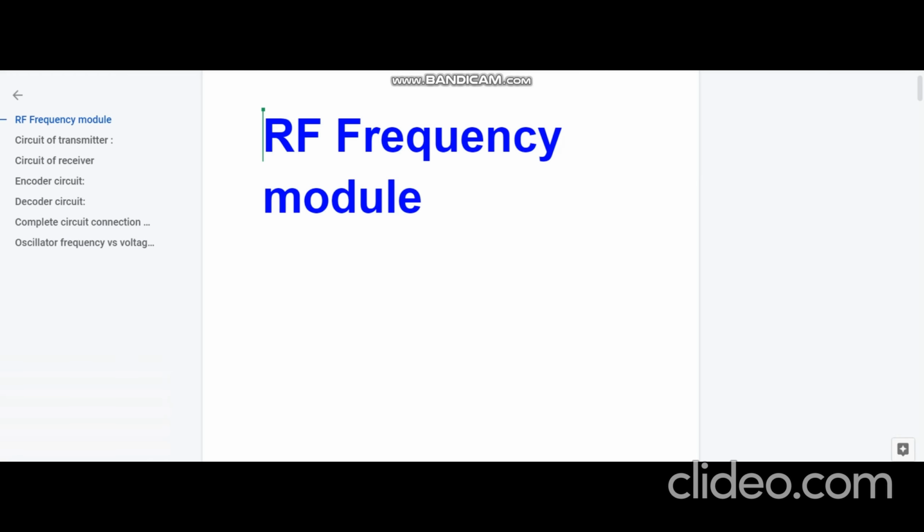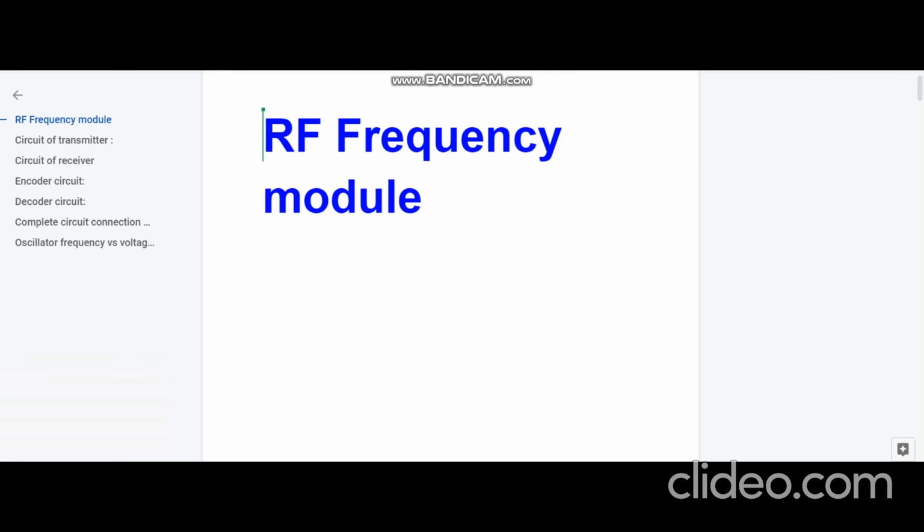In today's session, we will talk about the RF frequency transmitter and receiver module which can be used with Arduino, Raspberry Pi, ESP8266, etc. It uses ASK, that means amplitude shift keying, for signaling, and it basically ranges from 315 to 433 kHz.